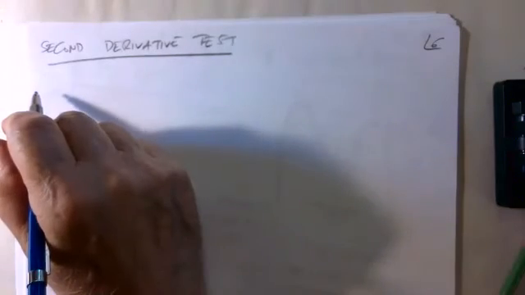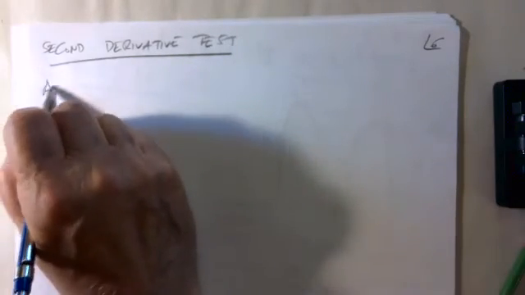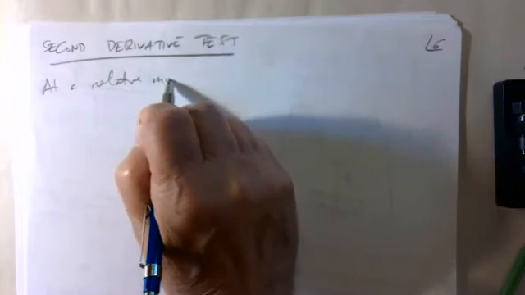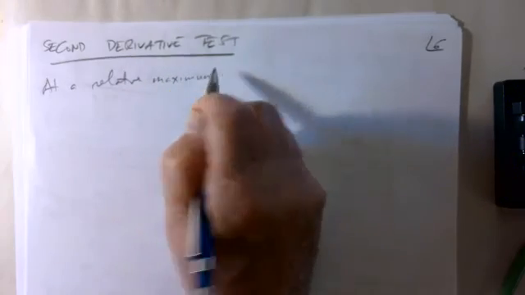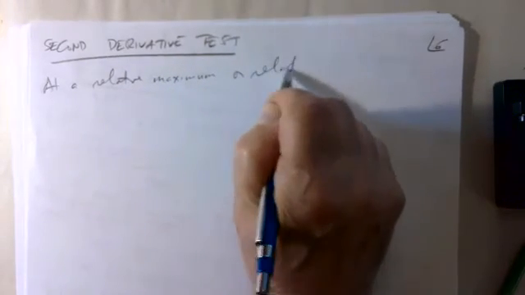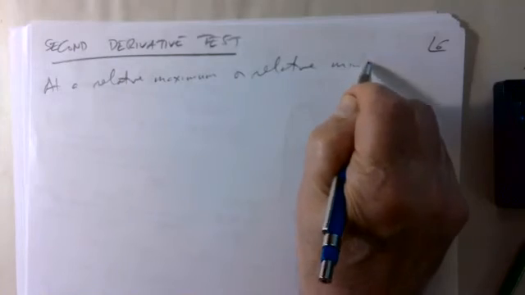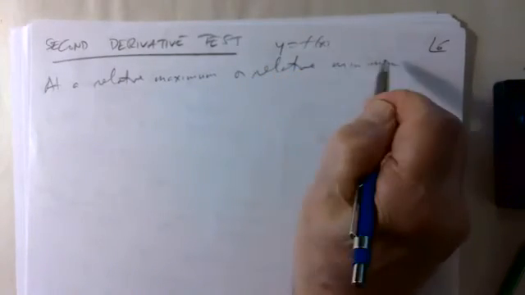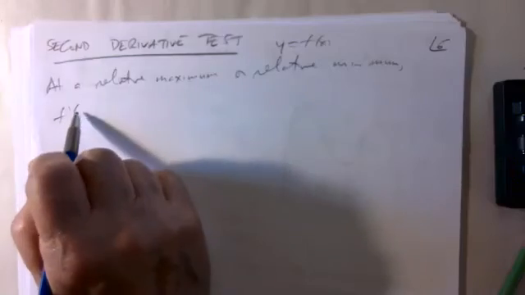Remember that at a relative maximum or relative minimum, where you have some function y equals f of x, the derivative is 0.